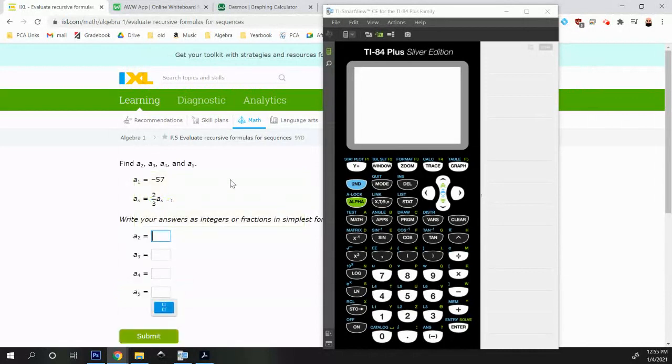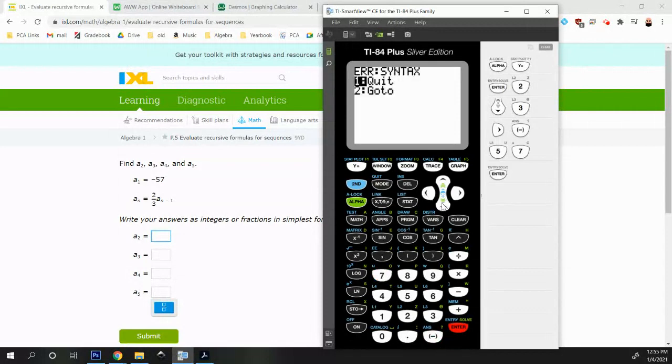All right, if it's got a fraction or something in it, don't worry about it. You just put the fraction in. So alpha y equals, enter 2/3 times the term before it. The term before it is -57. Press enter. Oh, darn you.